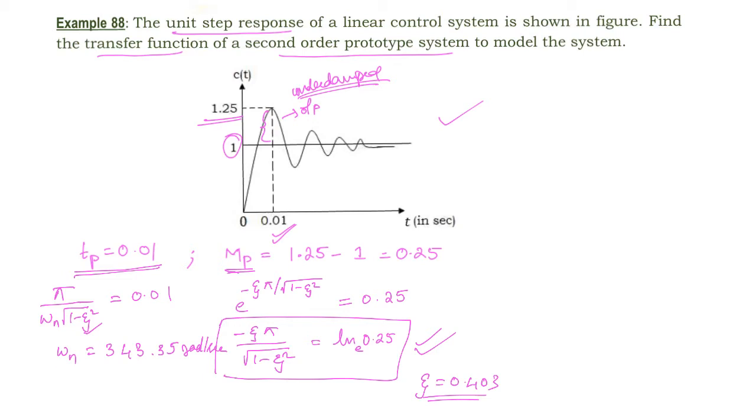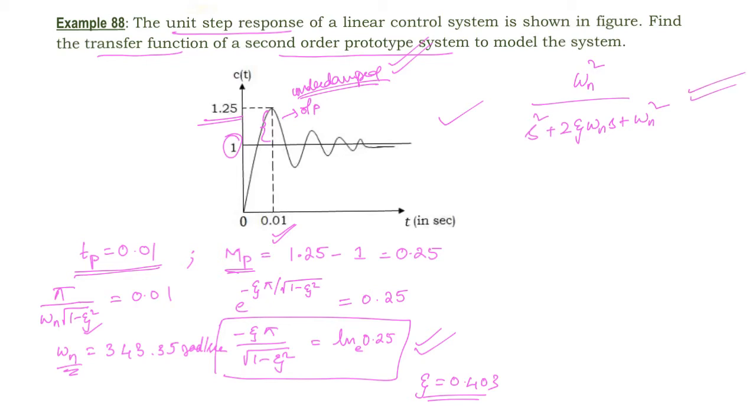Now we have omega n and we have zeta, so we can find out the transfer function. What is the transfer function of a prototype second order system? It will be omega n square divided by s square plus 2 zeta omega n s plus omega n square. So we know zeta, we know omega n, we can find out the transfer function.